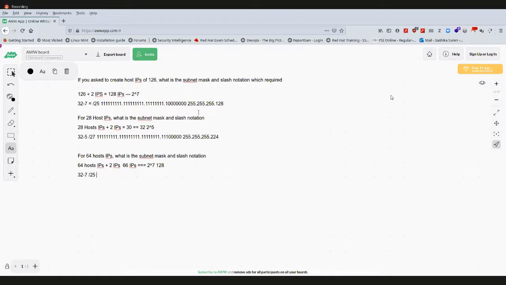So it's exactly the above subnet, 255.255.255.128. You can see the subnet mask with the slash notation when you have been given the host IP addresses. Are you clear, guys? Yes, sir.